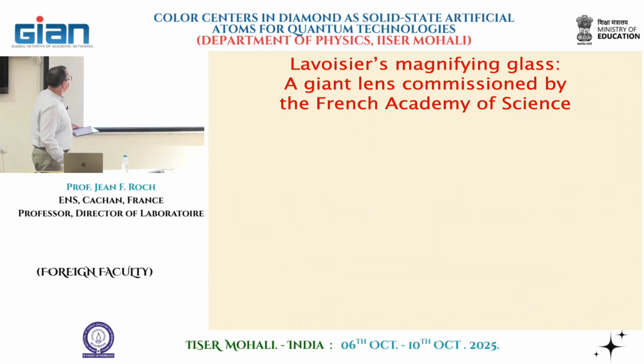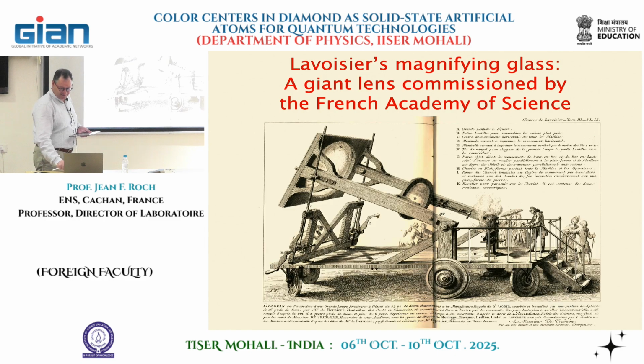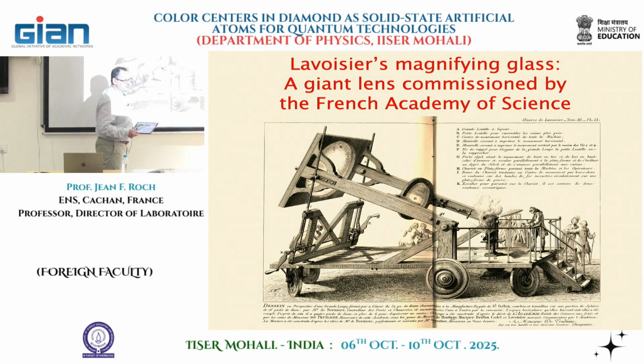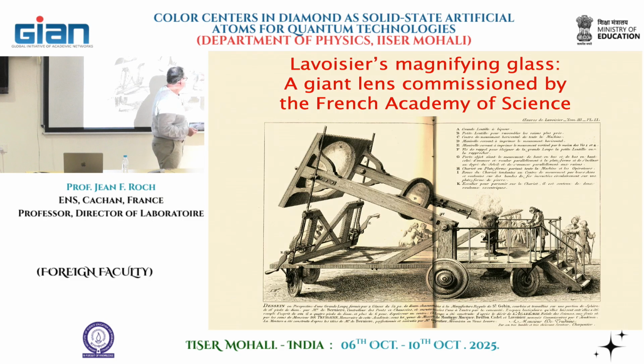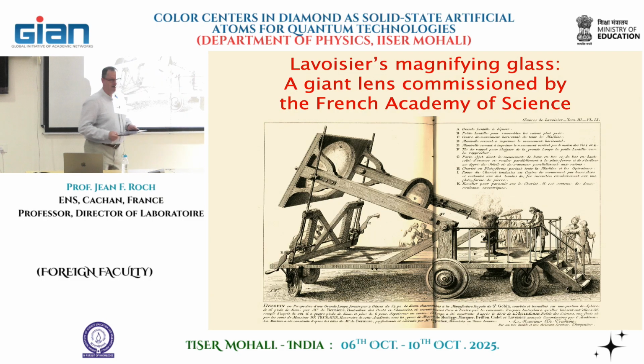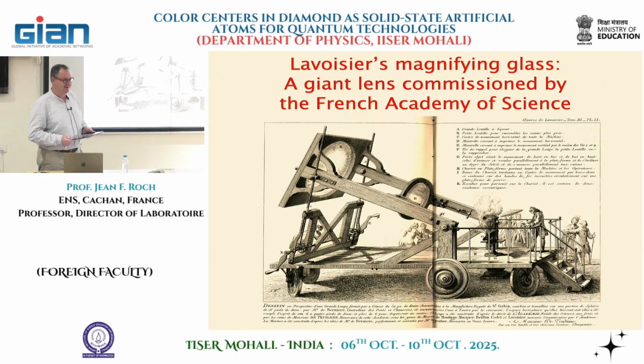It was a giant lens that was commissioned by the French Academy of Science, and you see how it worked. You could collect, using this huge lens here and the focusing lens here, all the light coming from the sun, and focus it onto a furnace here, where you could reach very, very high temperature, and you could even see Lavoisier experimenting, taking care of safety issues by wearing appropriate glasses.